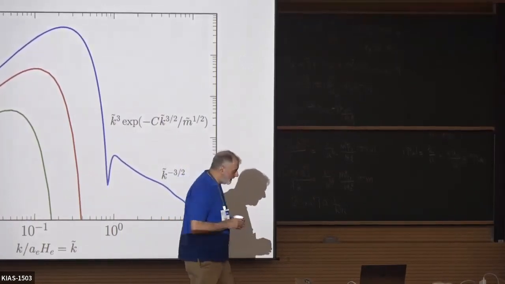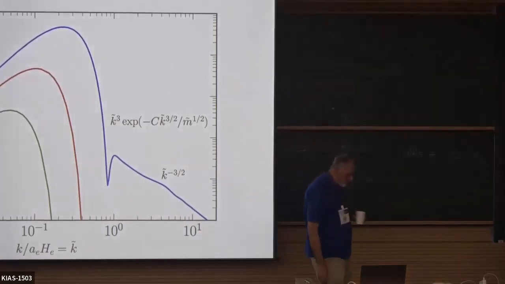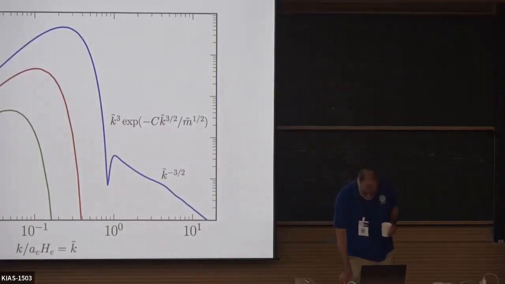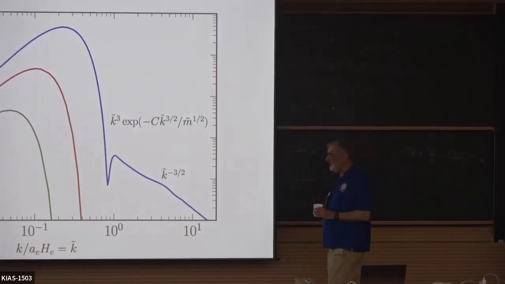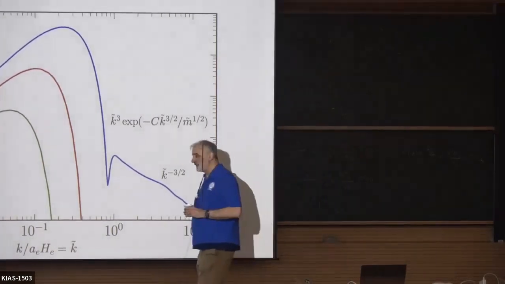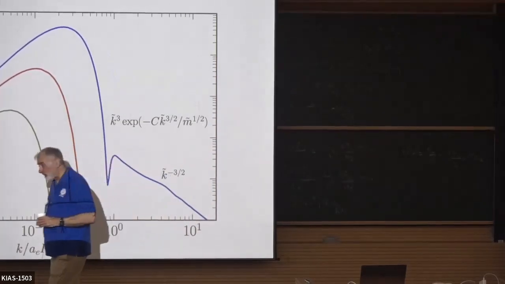So that's it for conformally coupled theory. I will show one more figure for conformally coupled theories tomorrow. Talk about minimally coupled scalars tomorrow, then go on to talk about gravitational production of fermions.